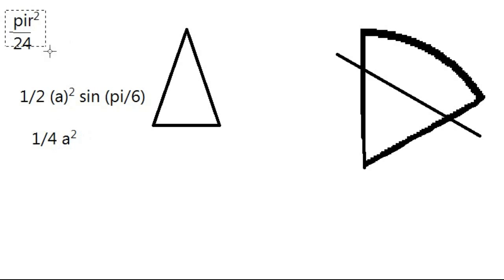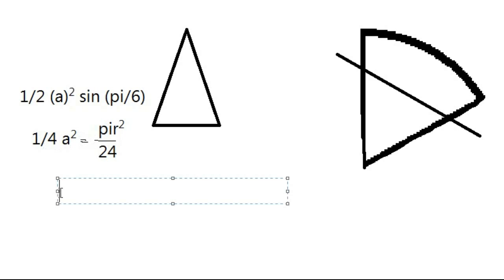So let us move this down here for good comparison reasoning. Okay, so because we both have a fraction, we want to multiply both sides, and we want things in A in terms of R, so we multiply both sides by 4 to get that A squared is equal to pi R squared divided by 6.